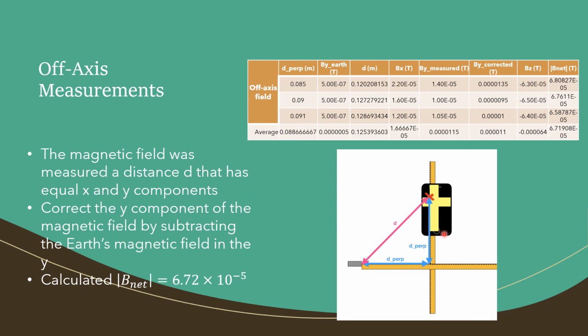And we corrected for the y component by subtracting the Earth's magnetic field in the y, which was this value right here. And we calculated B net to equal 6.72 times 10 to the negative 5 of the magnet.